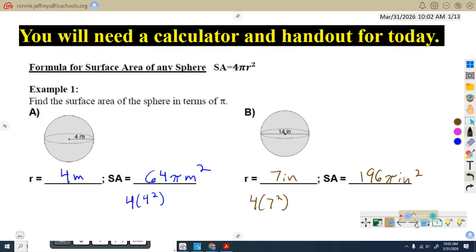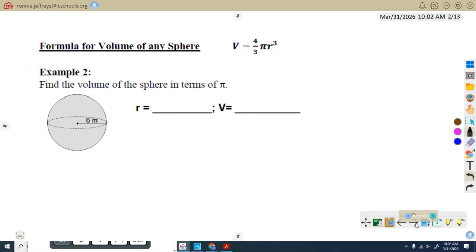So, now, volume. It's 4/3 pi r cubed. So, our radius, 6 meters. So, 4/3, 6 cubed.